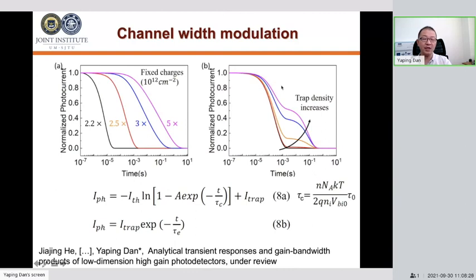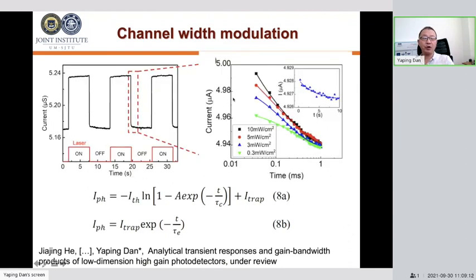The first part is governed by equation 8a, and for the second part, the tail is dominated by the emission of the excess carriers. And the depletion region relaxation follows this equation, which is not a simple exponential term. The characteristic delay time is tau c, which can be expressed here.